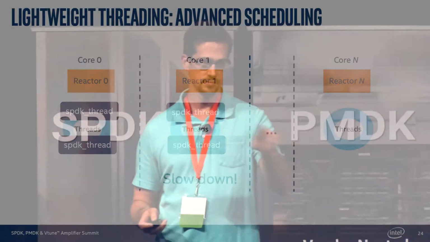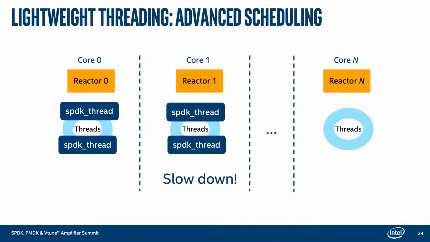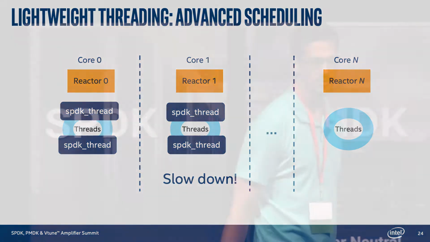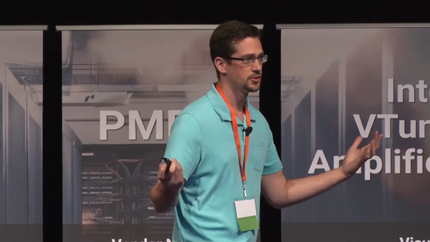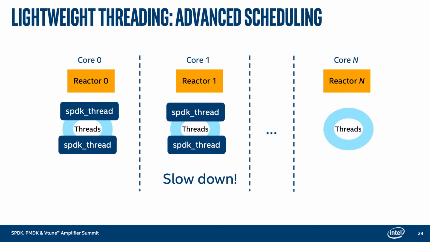And they're sitting there spinning, polling those threads. Sometime later, some code calls SPDK thread create. A thread object is created, and the scheduler just decides, OK, I'm going to put it on core 0. You just pick one. And then a little bit later, another one gets created. I'm going to put it on core 1 to keep things balanced.